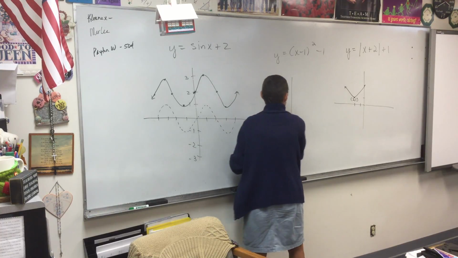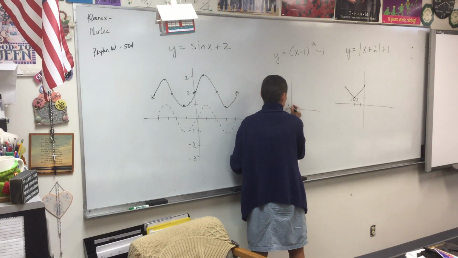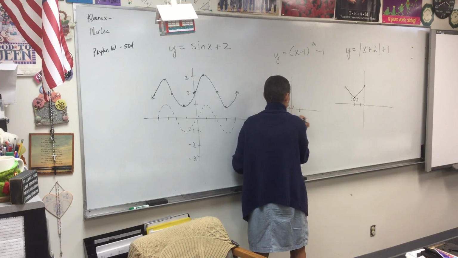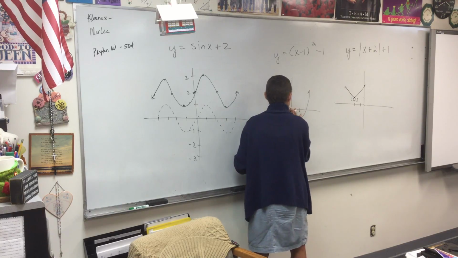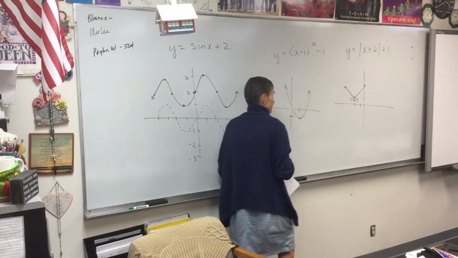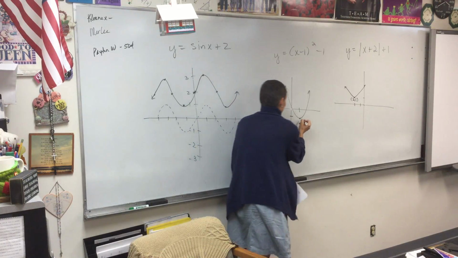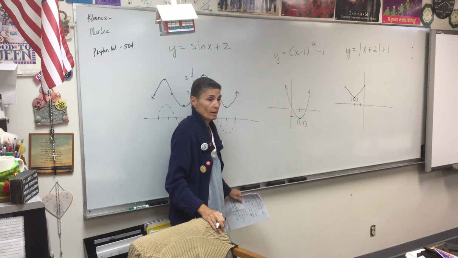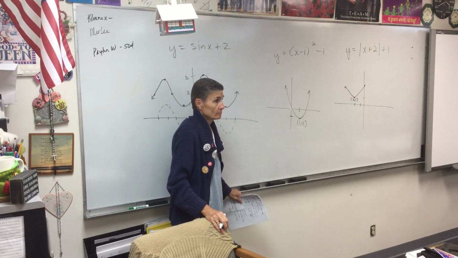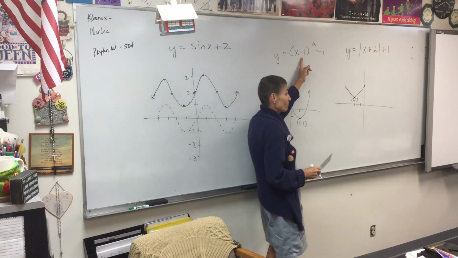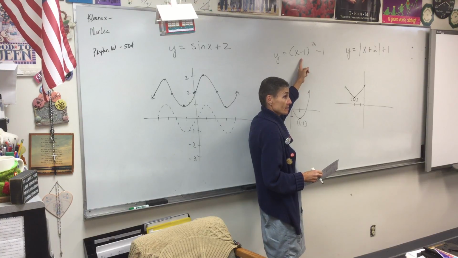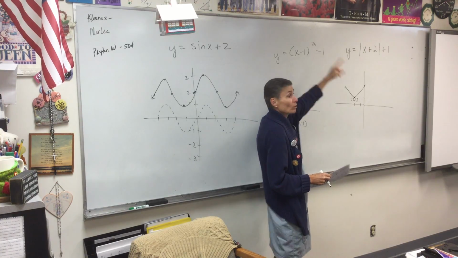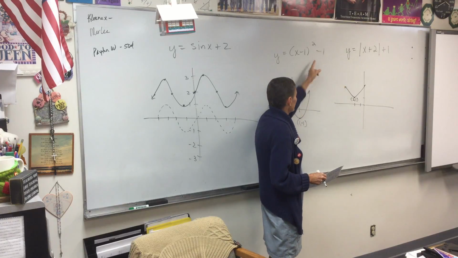So you're going to have a parabola that used to be here, but now it's gone right 1 and down 1. So it's like this. This is the point 1, -1. It went right 1 and down 1. Everybody see that? Right? Go opposite of the x. Looks like minus, but I'm going to go plus. Then down 1.